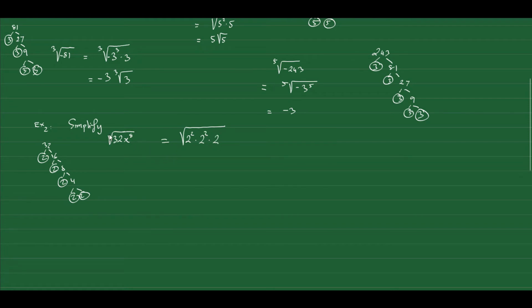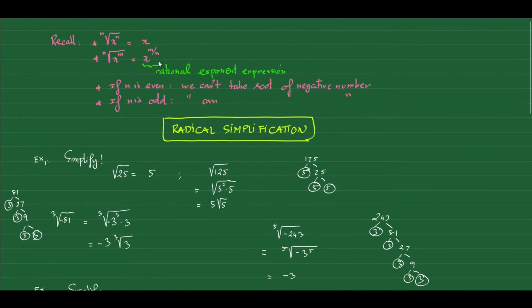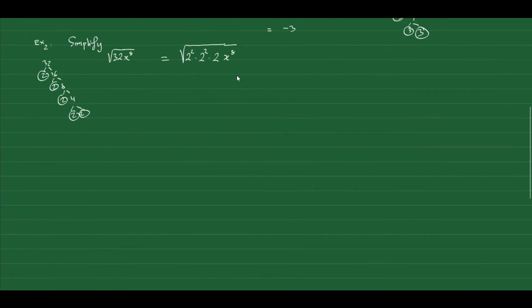And if you notice, you will see that for x to the 8 over here, 2 goes into 8. So 2 goes into 8 and gives you 4. So you have x to the 4, right? Because 2 goes into 8 and gives you 4.